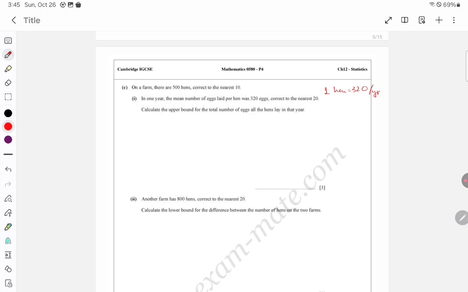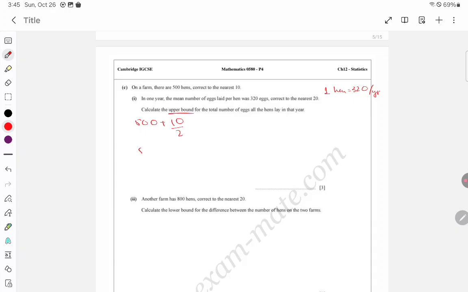Calculate the upper bound for the total number of eggs all the hens lay in 1 year. So for that, the total number of hens is 500, to the nearest 10, divided by 2. This is for the upper bound.